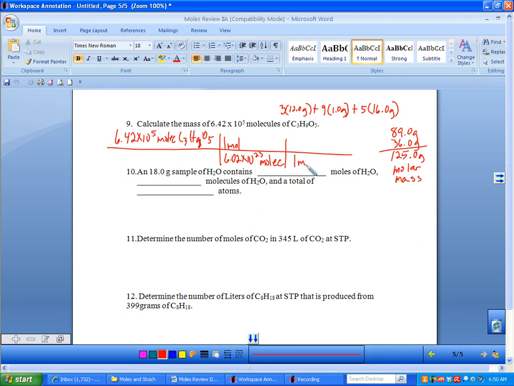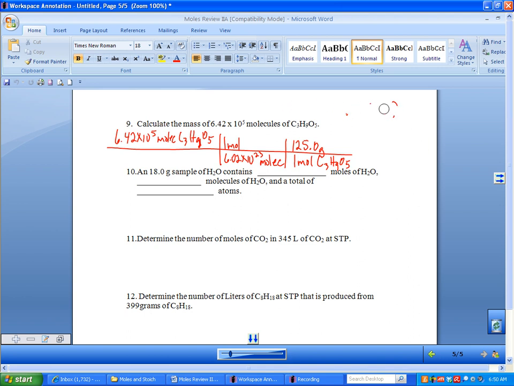And then I know that 1 mole of C3H9O5 has a molar mass of 125 grams. So if I do all of that math, the mass will be to multiply this times that and divide by 6.02 times 10 to the 23rd. When I did that, I got 1.33 times 10 to the negative 16 grams.